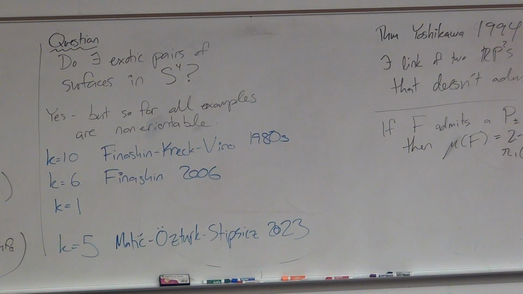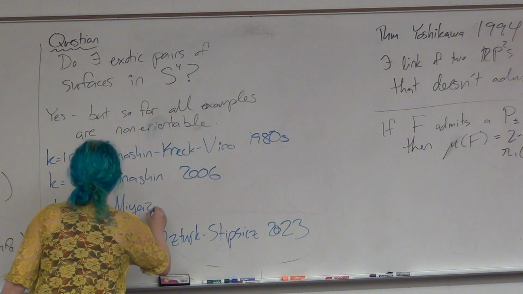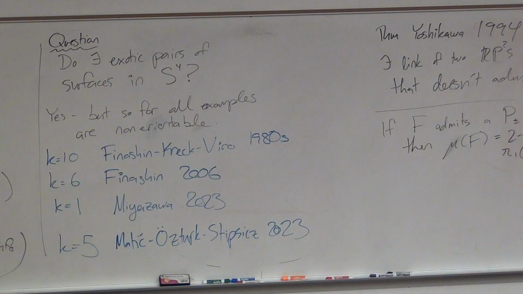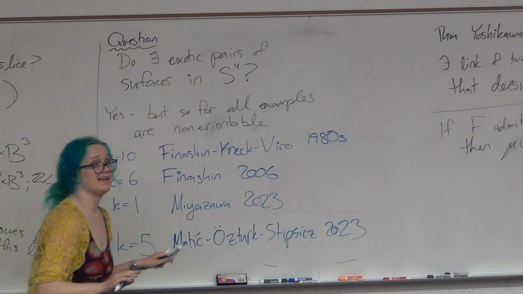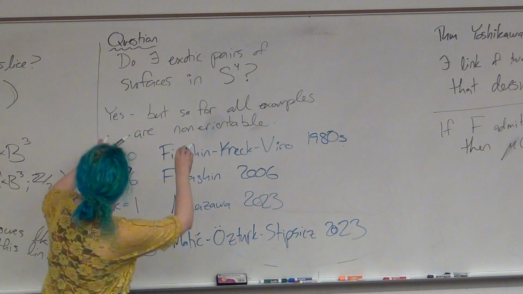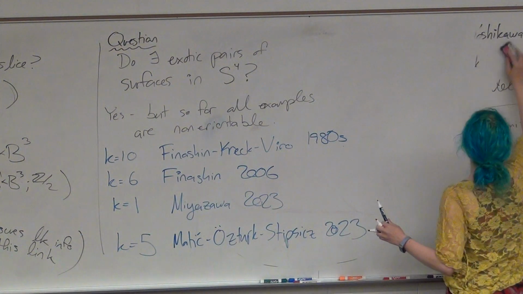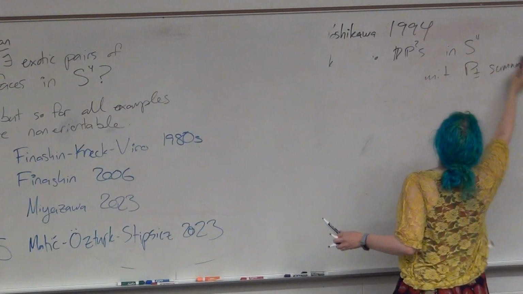And I'll explain why this is an anomaly by this paper by Miyazawa. The reason that this is an anomaly is that all of these surfaces, not only are they making exotic pairs, they're making something even better than that, which is exotic unknots. All of the surfaces that they construct in these papers are topologically isotopic to an unknotted surface, but not smoothly isotopic to an unknotted surface.